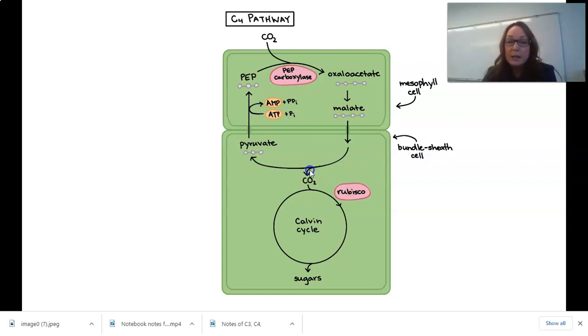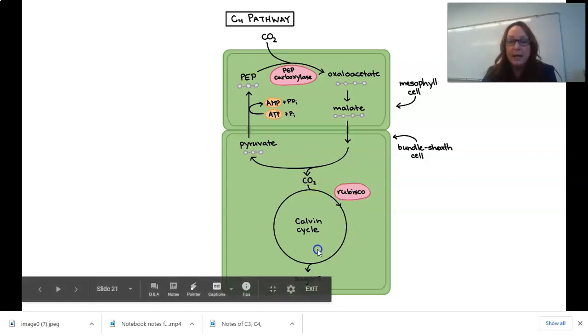And rubisco only will get carbon dioxide because there's an enzyme that's going to break carbon dioxide off of the malate. It creates pyruvate. There's another enzyme that takes pyruvate and takes it back to PEP. It will cost you an ATP to do this step, but you won't do photorespiration. You can't, because rubisco will never get the oxygen, just the carbon dioxide.